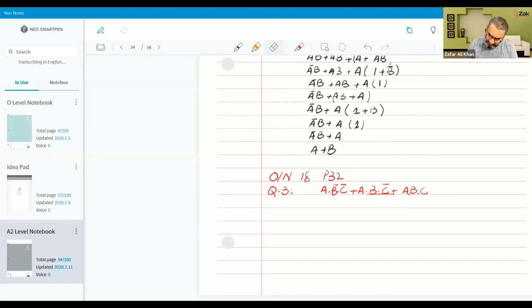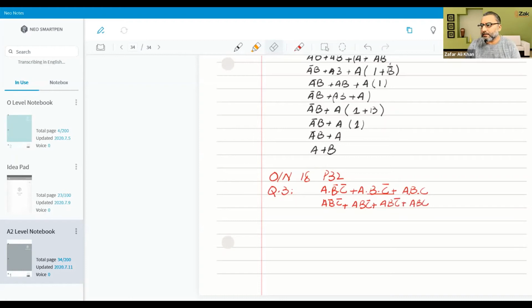सबसे पहले हम लिखते हैं कि A, B naught, C naught plus A, B, C naught plus A, B, C. इस पे हम अप्लाई करते हैं idempotent law. Alright, सो ये बन जाएगा A, B naught, C naught plus A, B, C naught plus A, B, C naught plus A, B, C. So you get it?